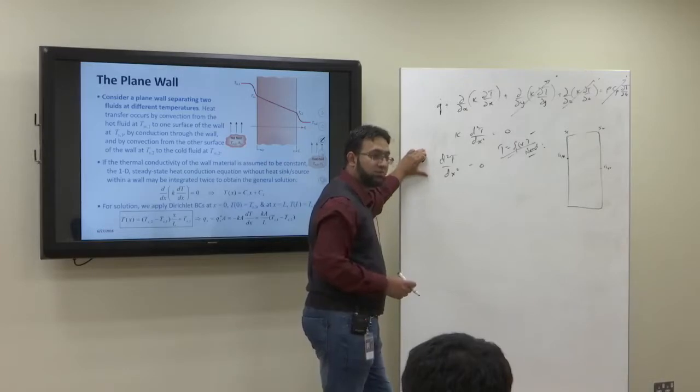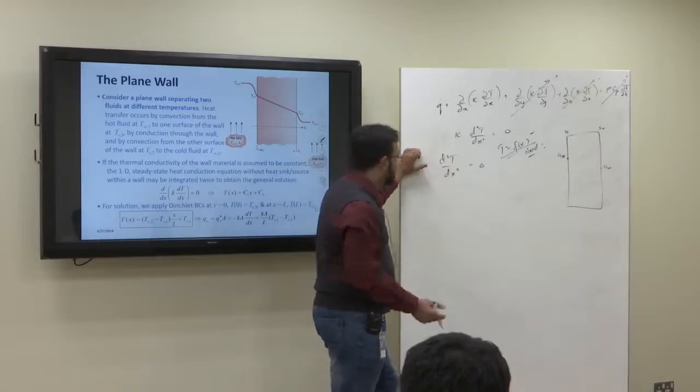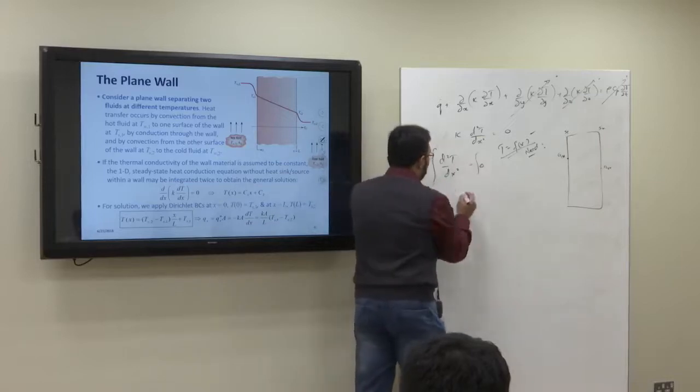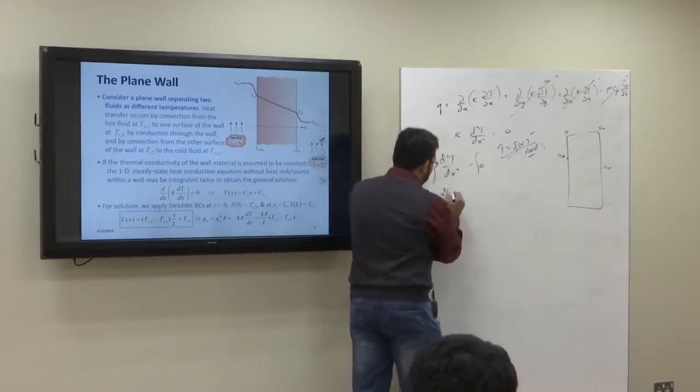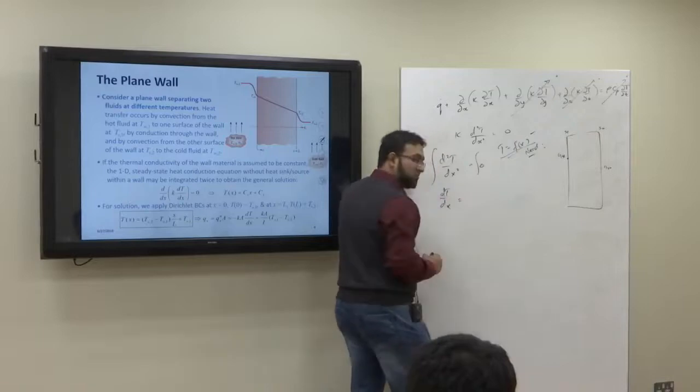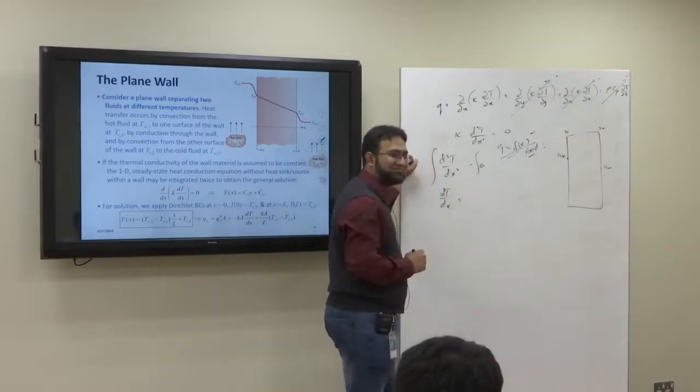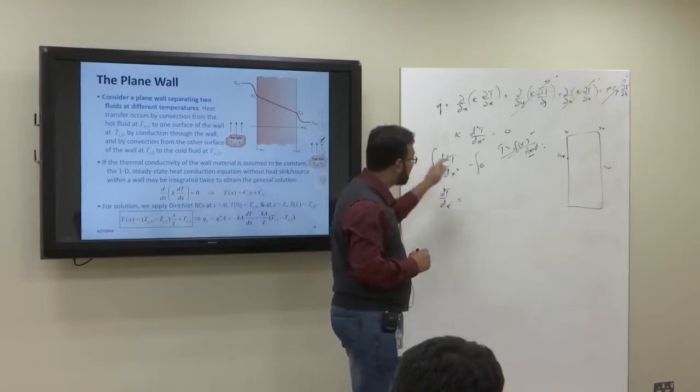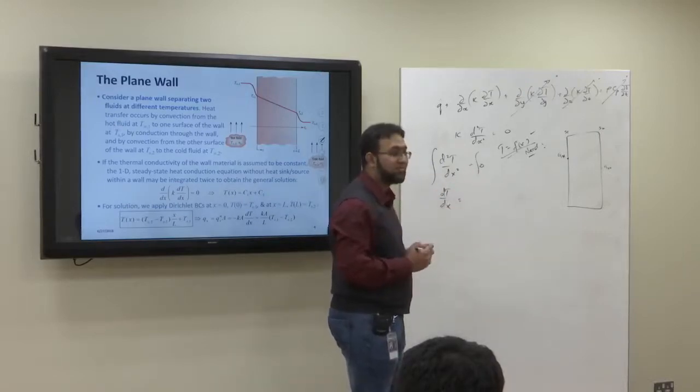What do you think? Integrate. This is a differential equation. You have to integrate, right? So if I integrate it, what will happen? So this will become what? dT by dx equals to? 0. No. 1. x. If there was a constant here, then it will become x.